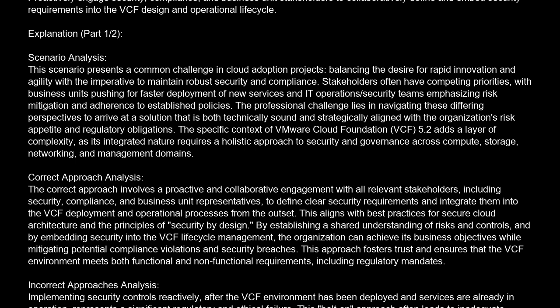By establishing a shared understanding of risks and controls, and by embedding security into the VCF lifecycle management, the organization can achieve its business objectives while mitigating potential compliance violations and security breaches. This approach fosters trust and ensures that the VCF environment meets both functional and non-functional requirements, including regulatory mandates.